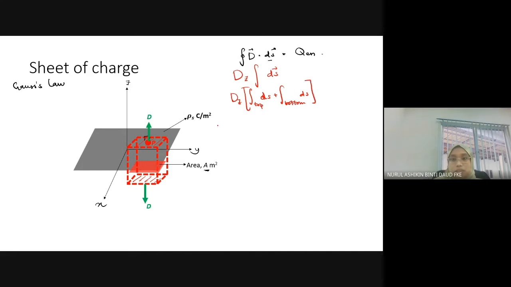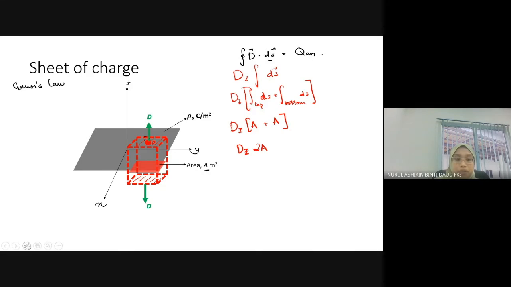So this integration will give you A, and this integration will also give you A, because I said that the area is A, so I just put it as A here. So it will be D z times 2A. So this is for the left hand side.